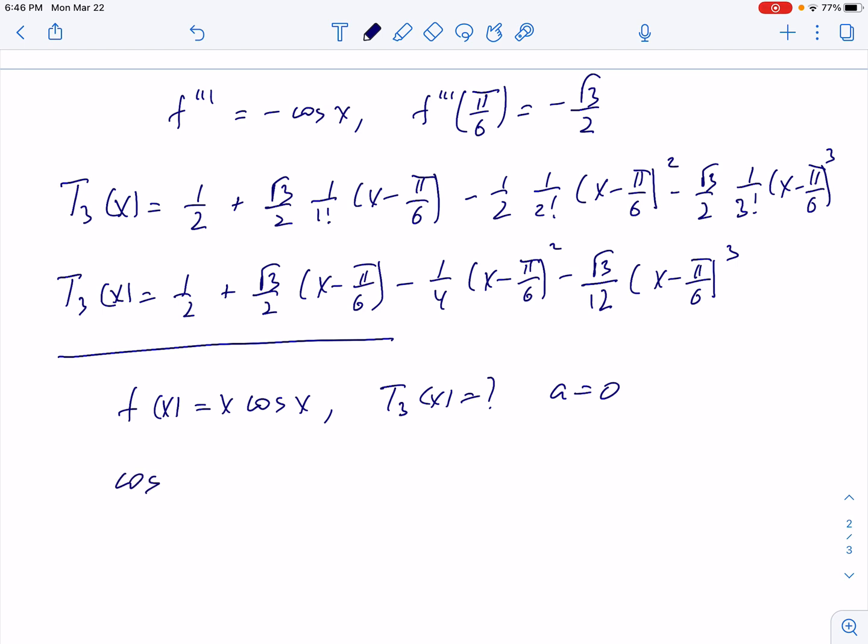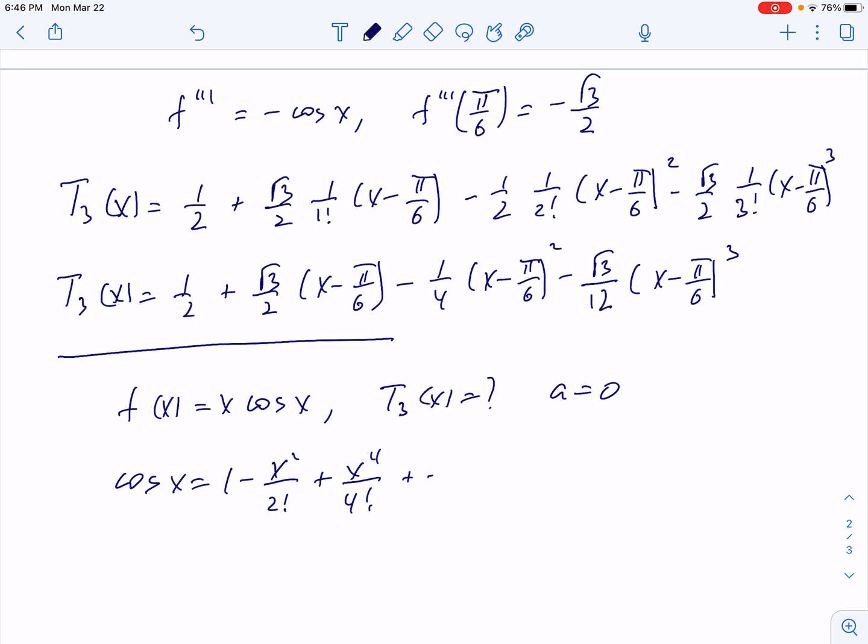So start from this expansion. Cosine x is 1 minus x squared over 2 factorial plus x to the fourth power over 4 factorial and so on. We don't have to go further because we already have here the Taylor polynomial of fourth order, and for the third order it will be just the first two terms.